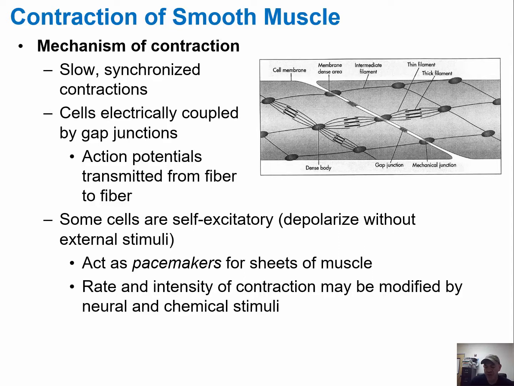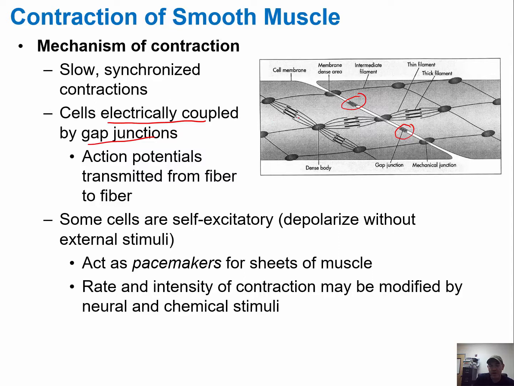The mechanism that the smooth muscle goes through ends up showing that the muscle would be slow and synchronized in the way it contracts. And here, the cells are going to be electrically coupled with gap junctions. So over here I found this diagram that shows two smooth muscle cells side by side, and the gap junctions are going to connect the cytoplasm from one cell to another.